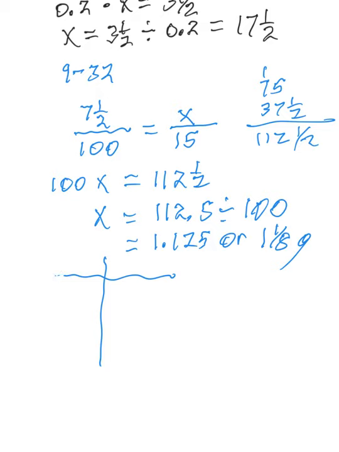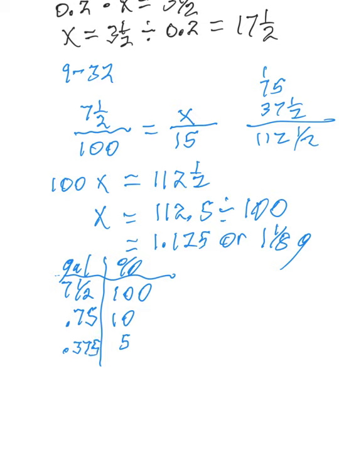Gallons, percent, 7 1/2, 100, 10% is going to be 0.75, 5% is going to be 0.375, and then add them together. 15% is going to be 1.125. So that's another way of doing it.